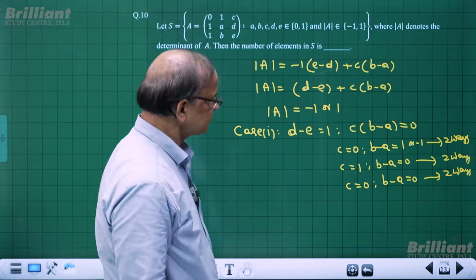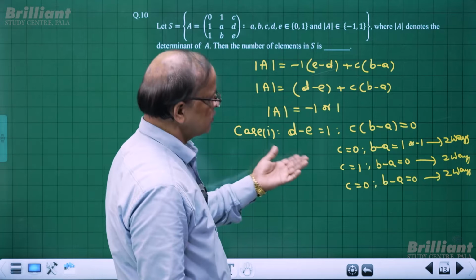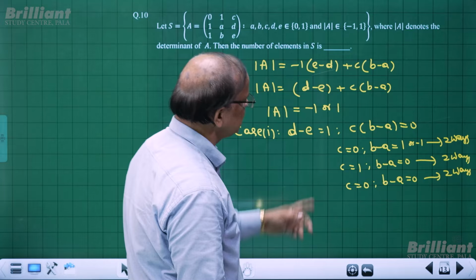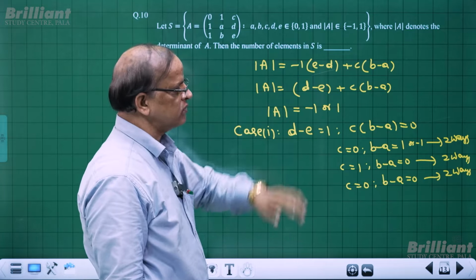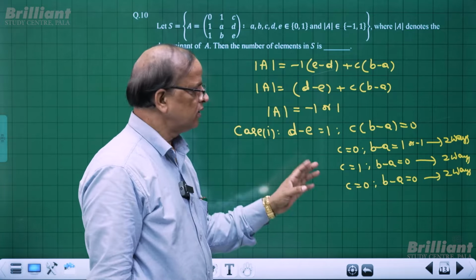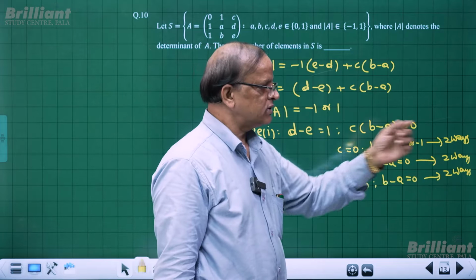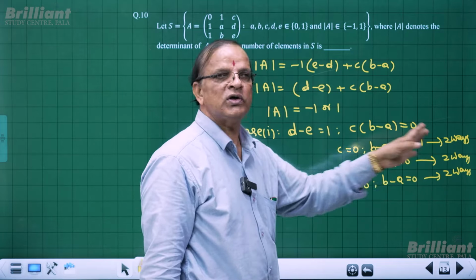So, now D minus A is 1 and this, okay, 2 ways, that means again similarly D minus A is minus 1. So, therefore, we will get 2 into 6, 12 cases.